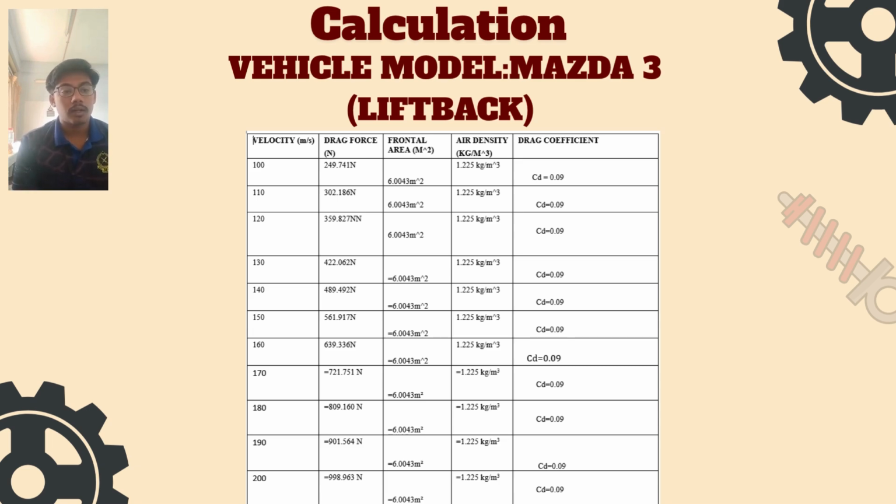For the next one, velocity 120, we got drag force 359.827 Newton. For frontal area we got 6.0043 m², the same. Air density is also the same, 1.225, and drag coefficient is also 0.09. Now let's see, a little bit different for velocity 130.